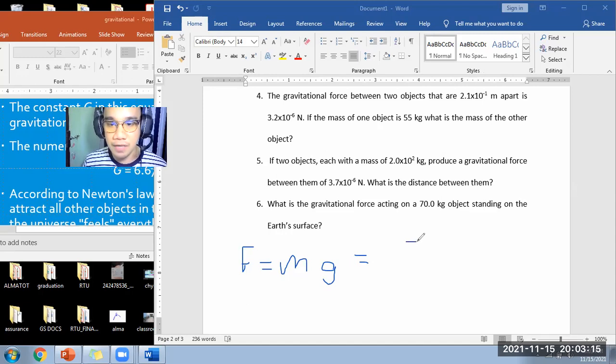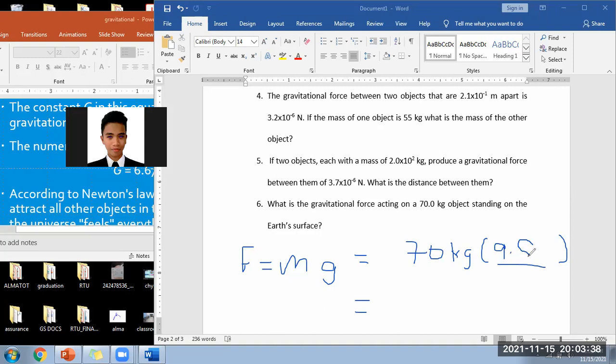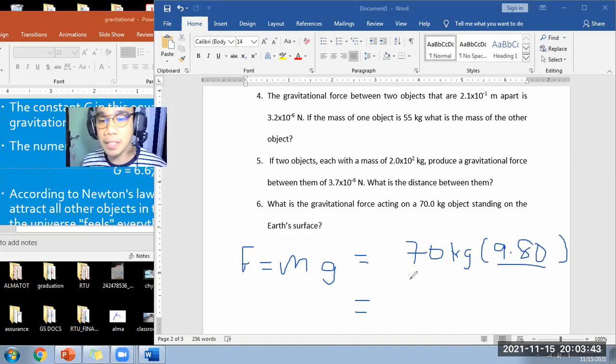So meron tayong 70 kilogram standing on the Earth's surface. So what would be yung gravitational force natin? Ay, 9.8 po ba sir? That will be 9.8. So yan. So solve na natin. So 70 kilograms times 9.8.